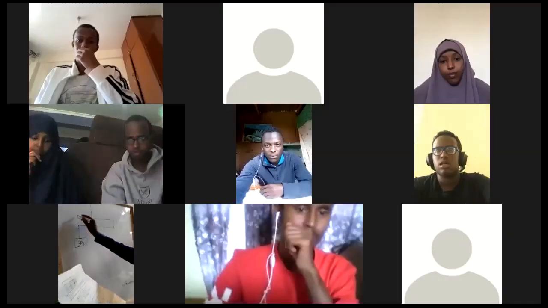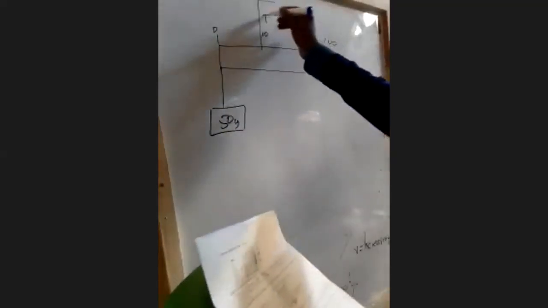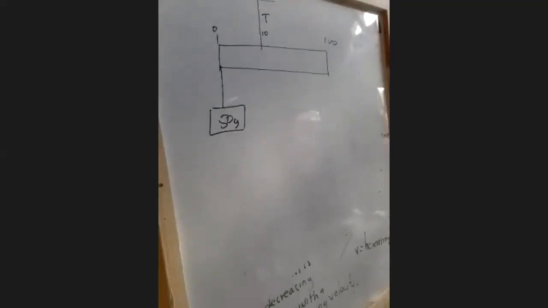From here, that is the 0 mark, this is at 100, and this is at the 10 mark. They're asking you to determine the tension on the string.